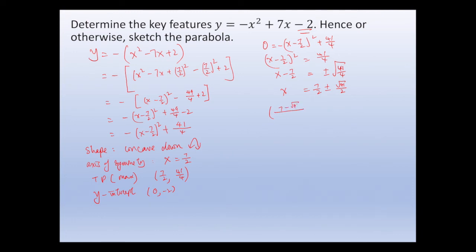And you can write it this way: (7 minus square root of 41) over 2, 0, and (7 plus square root of 41) over 2, 0 as the x-intercepts. Now, very quickly sketching it, and I've got limited space here.